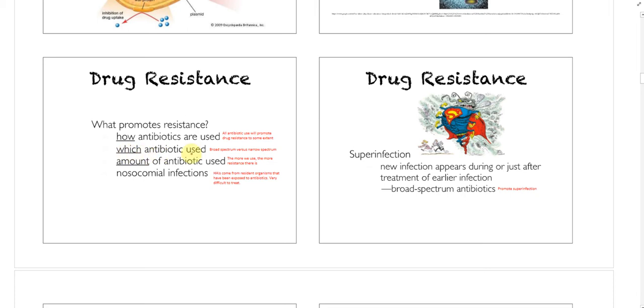Using a broad spectrum antibiotic is going to be more likely to develop drug resistance because you are taking this antibiotic and spreading it amongst exposure to a whole host of bacteria. Maybe the bacteria that you're trying to target and destroy are weaker, more sensitive to that antibiotic, compared to this other group of bacteria that are hanging out to the side.